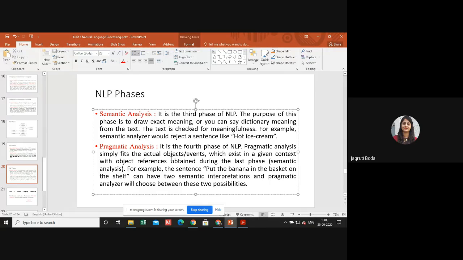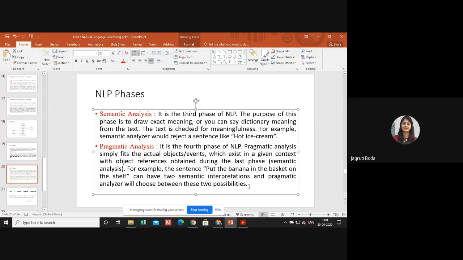So, for example, the sentence "put the banana in the basket on the shelf" can have two semantic interpretations, and the pragmatic analyzer will choose between these possibilities, right? Means you have a sentence that has two meanings.